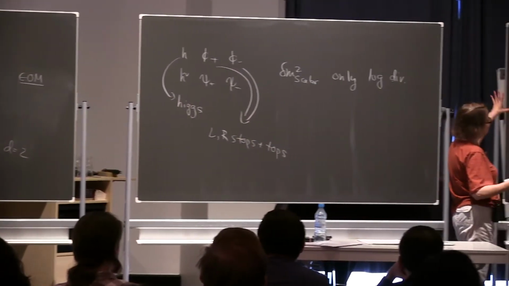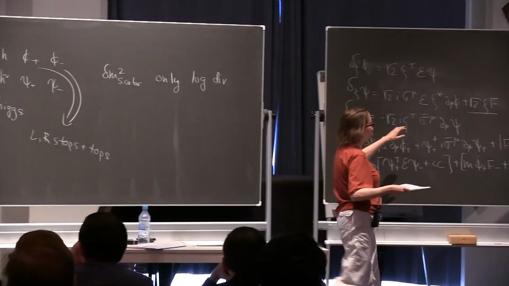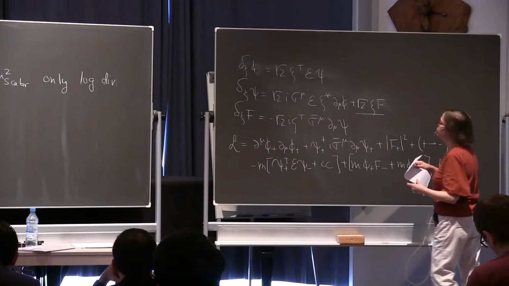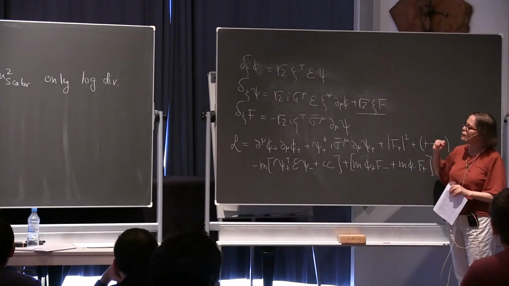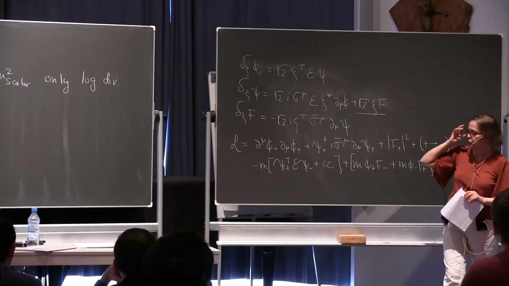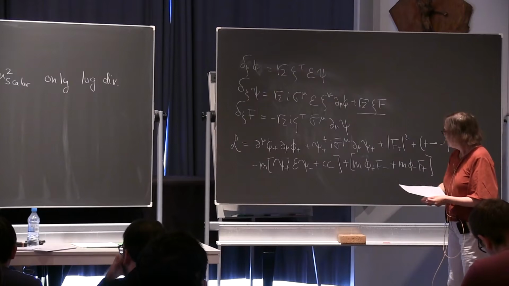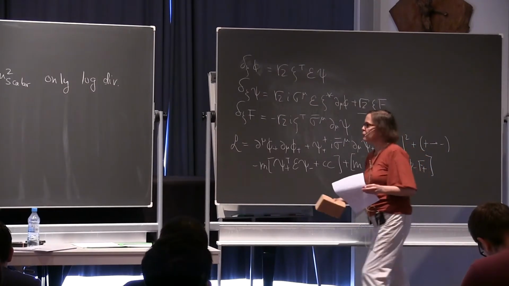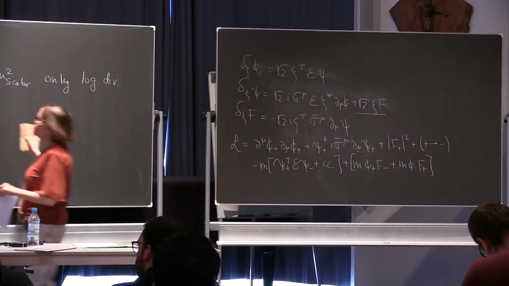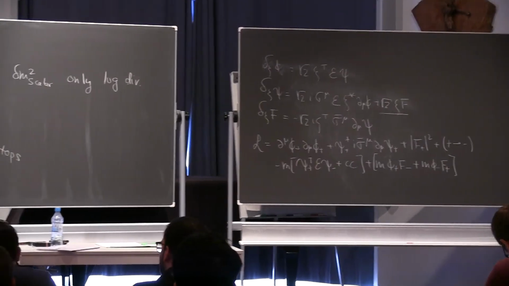So with this auxiliary field that we introduced, one for the plus and one for the minus guys, the algebra closes off shell.